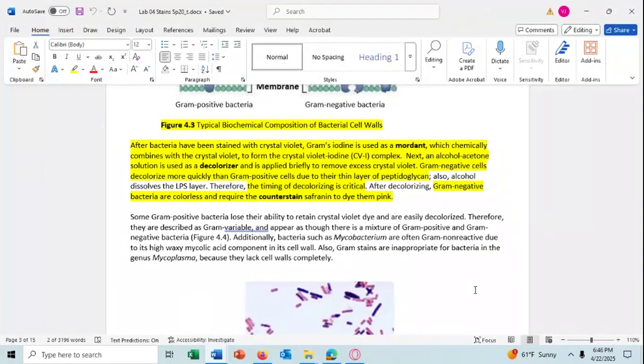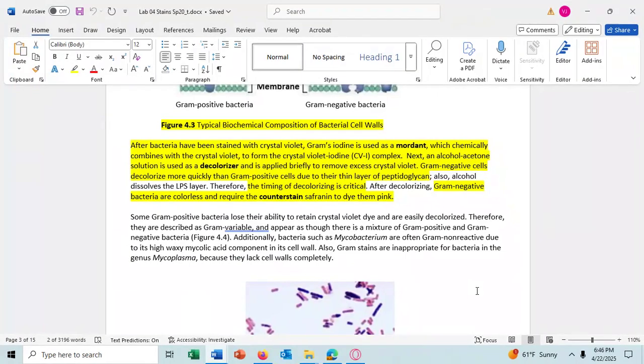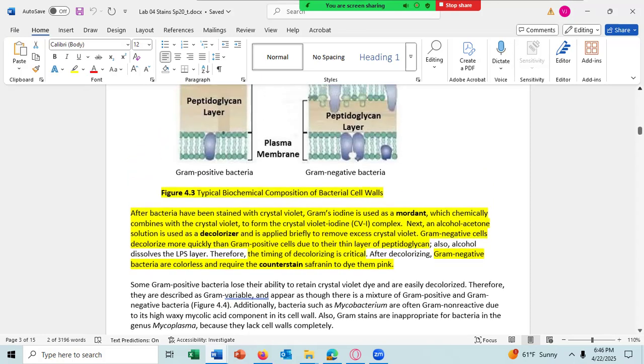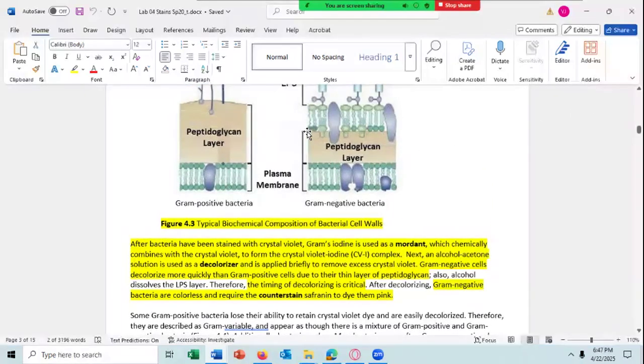Next, the cells are treated with an alcohol acetone solution, which is called the decolorizer, and it will pull the crystal violet iodine complex out of the gram-negative cells, but not out of the gram-positive cells. And the reason is that the thinner layer of peptidoglycan in the gram-negative cells just does not retain the crystal violet iodine complex as well as the thicker layer of peptidoglycan in the gram-positive cells.